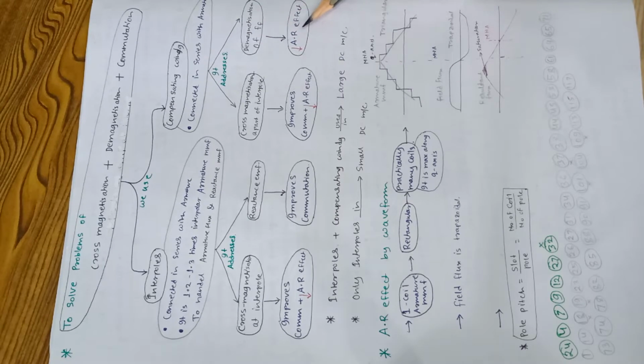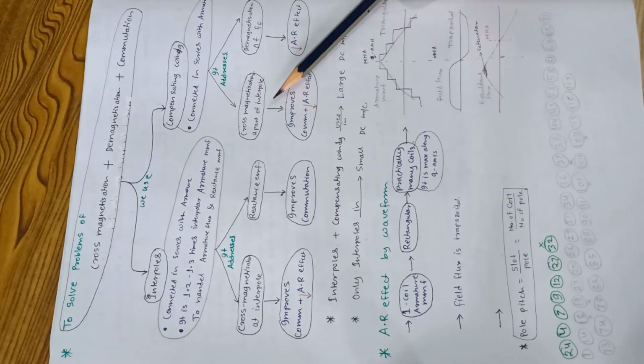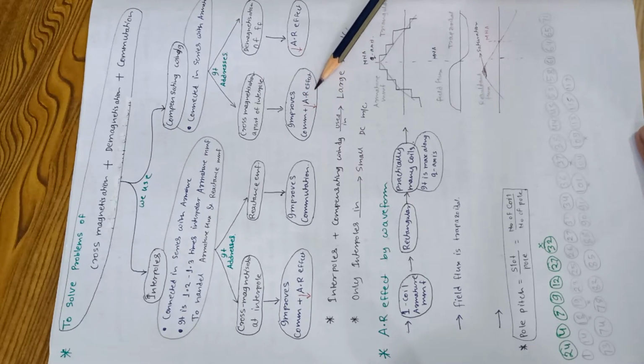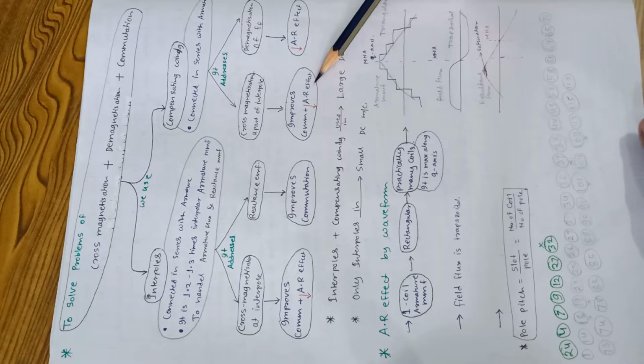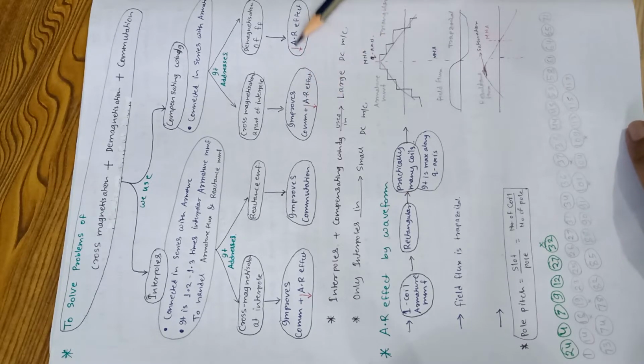Due to this we reduce the armature reaction effect, and it also improves commutation. So overall, we can say the compensating winding reduces the armature reaction effect.